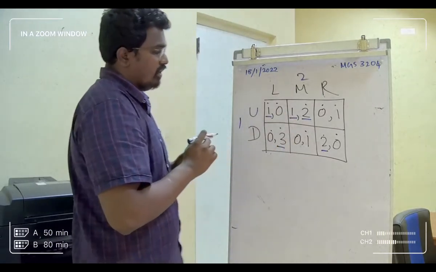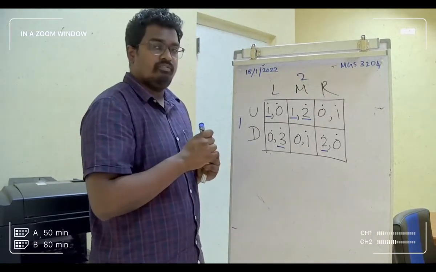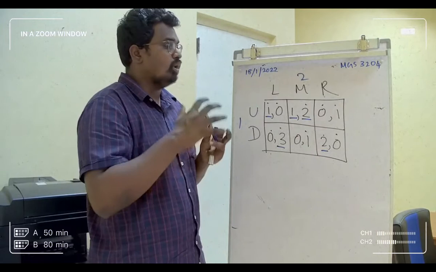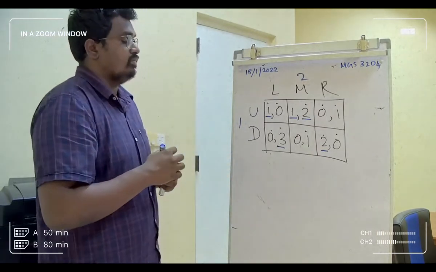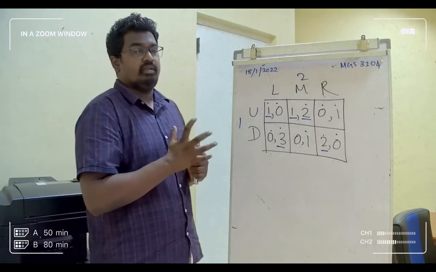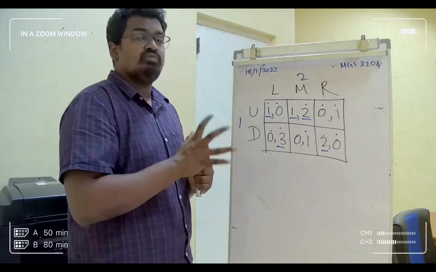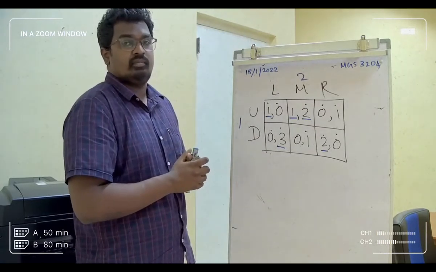Now, having this, see whether we have a strategy profile combination where both players prefer to go. Do we have something like that? Do we have a strategy profile combination in this matrix where both players will choose? Yes, sir.